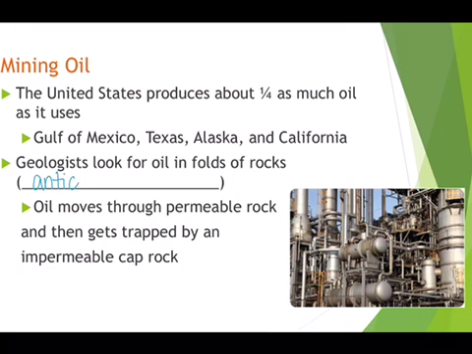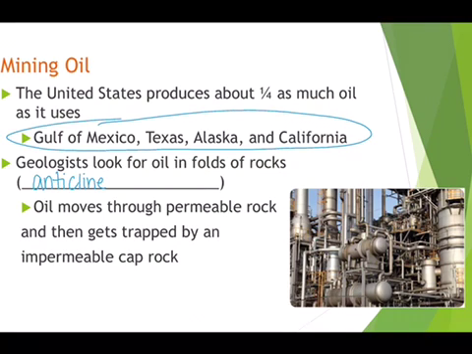And if you find an anticline in these regions, it is a good indicator that there could potentially be oil there. Oil has the ability to move through rock if the rock is permeable, meaning it has some type of holes in it. And then that oil will get trapped by impermeable rock, and we call that a cap rock because the oil is not able to move.